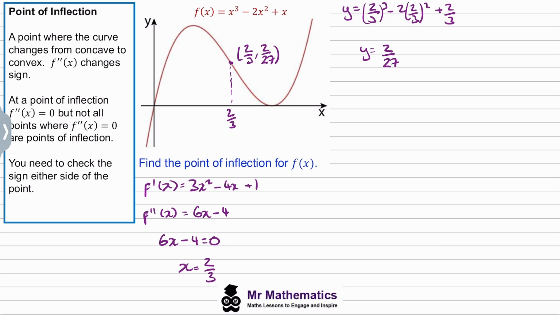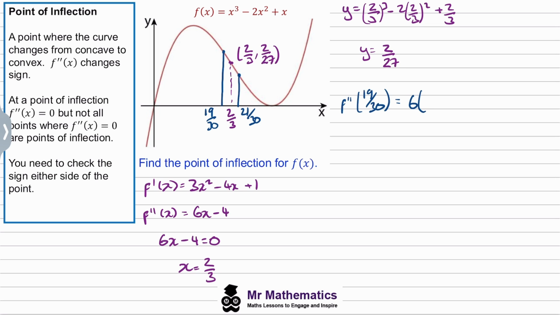Now we need to verify that this is a point of inflection. So what we do is we pick a point on the curve either side of that point of inflection. So we'll say the point to the left will be 19/30, and the point to the right will be 21/30. And we substitute each of these points into the second derivative.